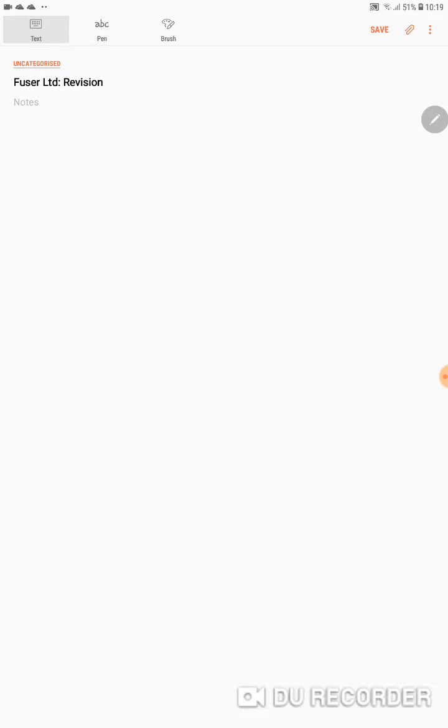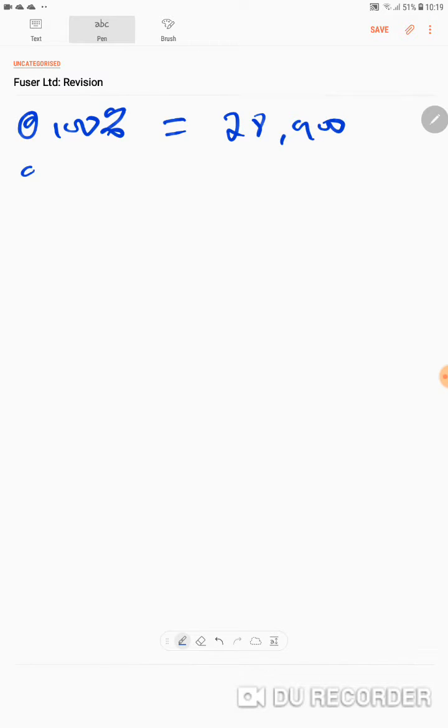So information at 100%. So at 100%, our overheads are equal to 28.9. Then at 80%, our overheads are equal to 27.58.